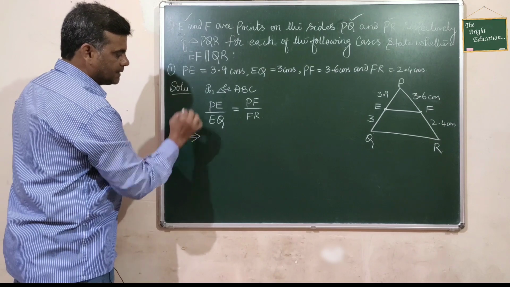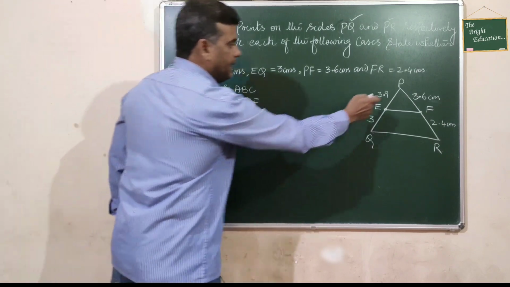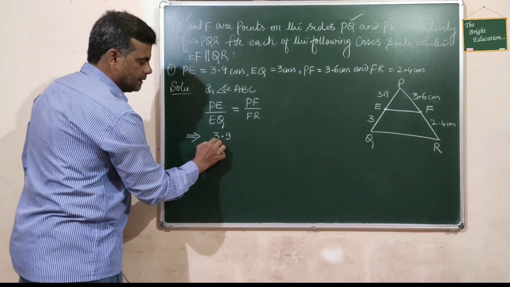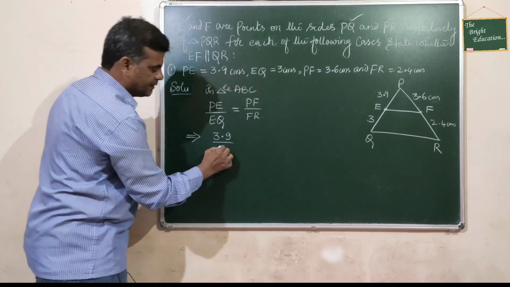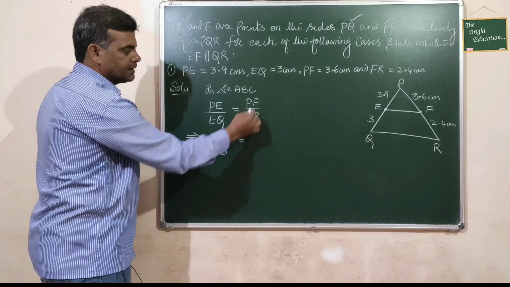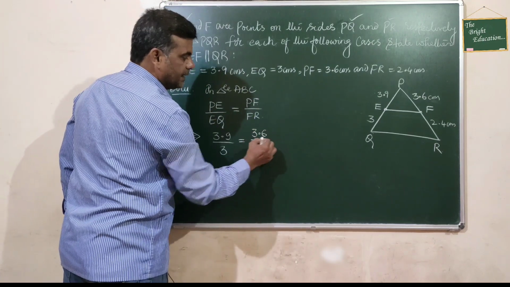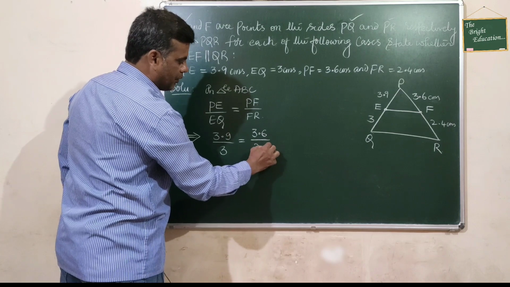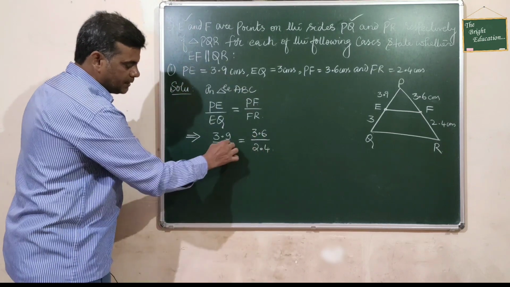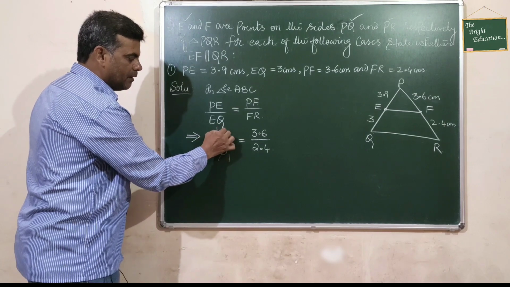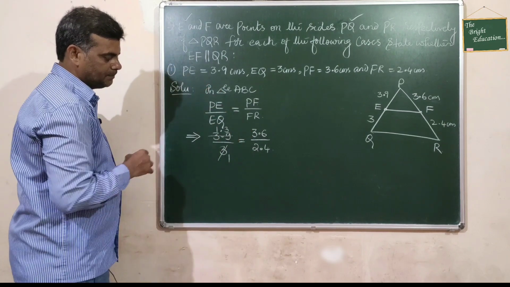This implies PE, 3.9, divided by EQ, 3, equals PF, 3.6, divided by 2.4. As we know, 3 divides 3.9 1.3 times.